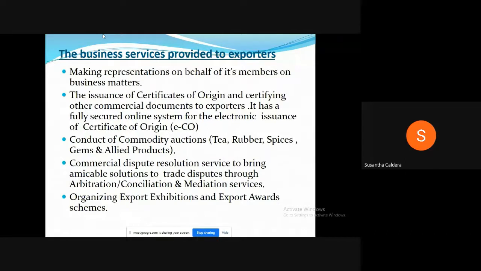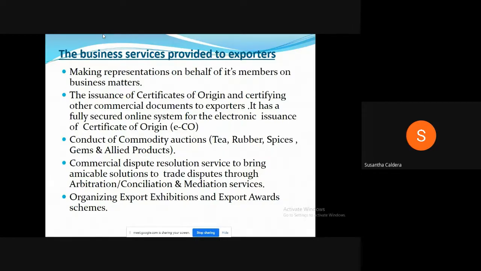Now they issue e-certificate of origin also. And they are the people who will conduct commodity auctions like tea, rubber, spices, gem. Commodity auctions are also conducted by them. And not like EDB, they get involved in dispute resolution, dispute settlement.